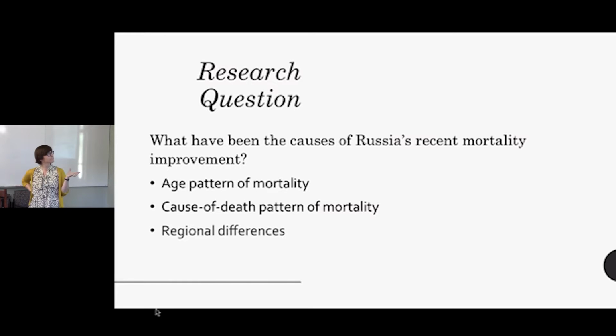The age pattern is what we would expect from what we know about the mortality crisis, which I'll talk about soon, which is that universally we've seen a large improvement in mortality at adult ages, and especially older working ages, like 35 to 55. And that's true throughout Russia with a little bit of heterogeneity. For the cause of death pattern, we see everywhere cardiovascular mortality has improved a lot, although there's some pretty interesting variation in the ages at which it's improved by region. And the regional differences raise almost as many questions as they answer.